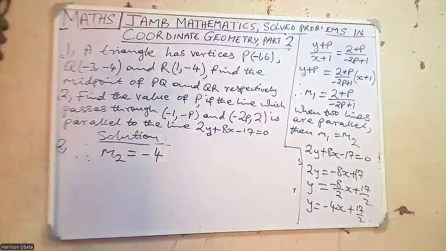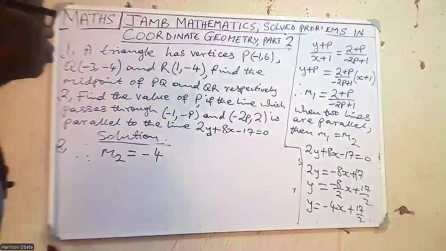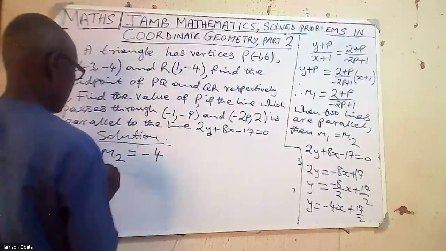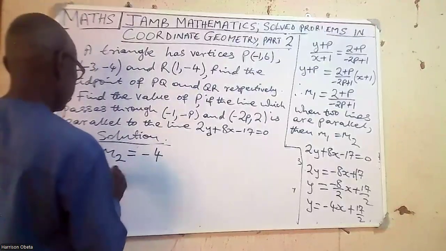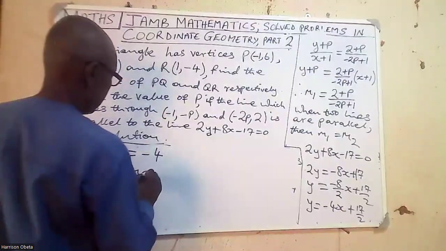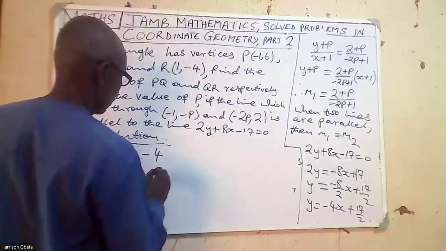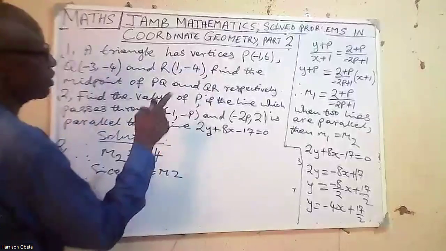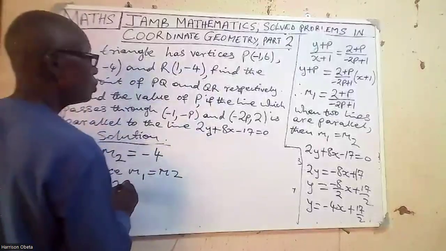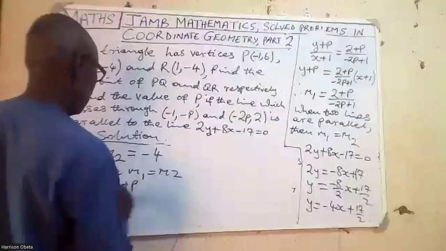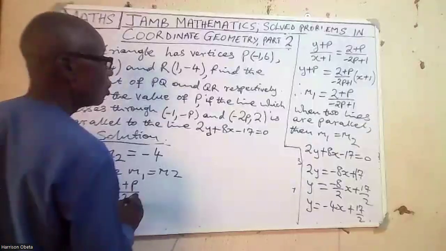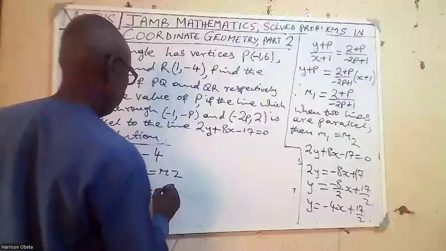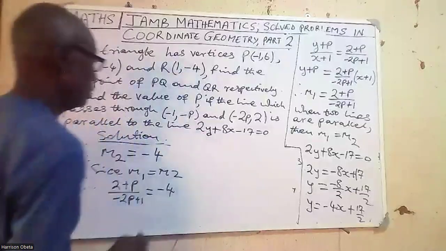Then we say the two gradients must be equal. Since m1 equals m2, we bring in that 2 plus p all over minus 2p plus 1 is equal to minus 4.